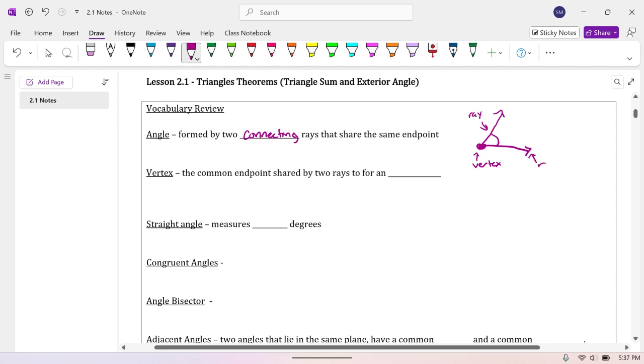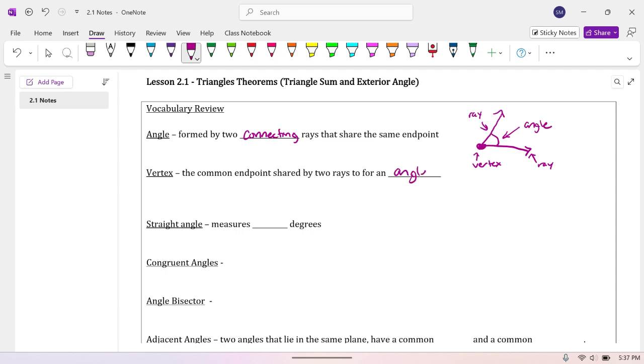This would be the other ray. And this right here denotes where the angle is. Now, the vertex is the common endpoint shared by two rays to form the angle. So it's the endpoint that those two rays share, and through that connection, the angle is formed.